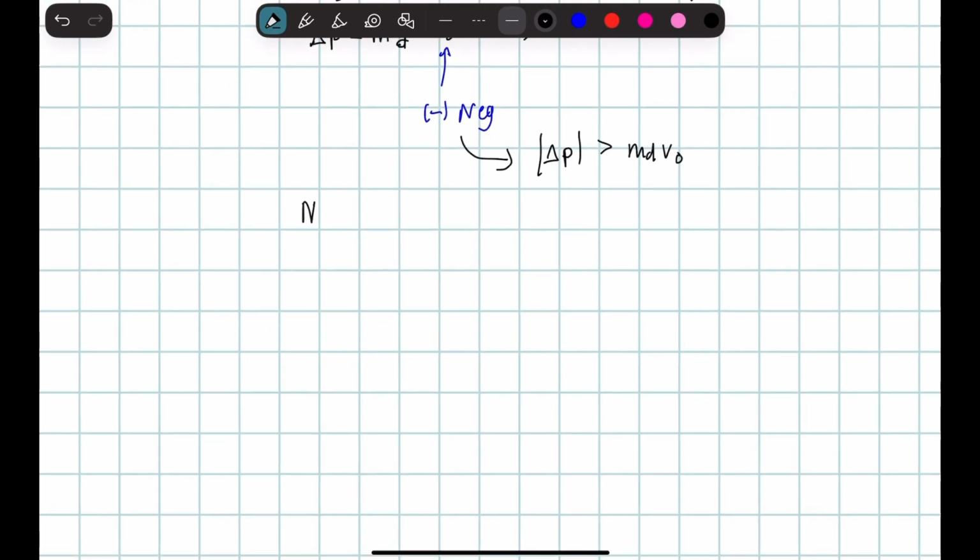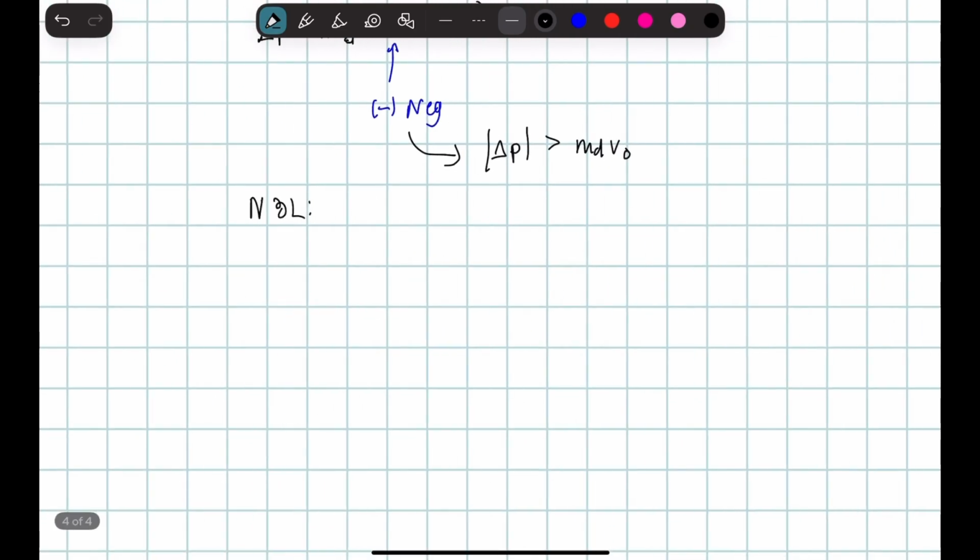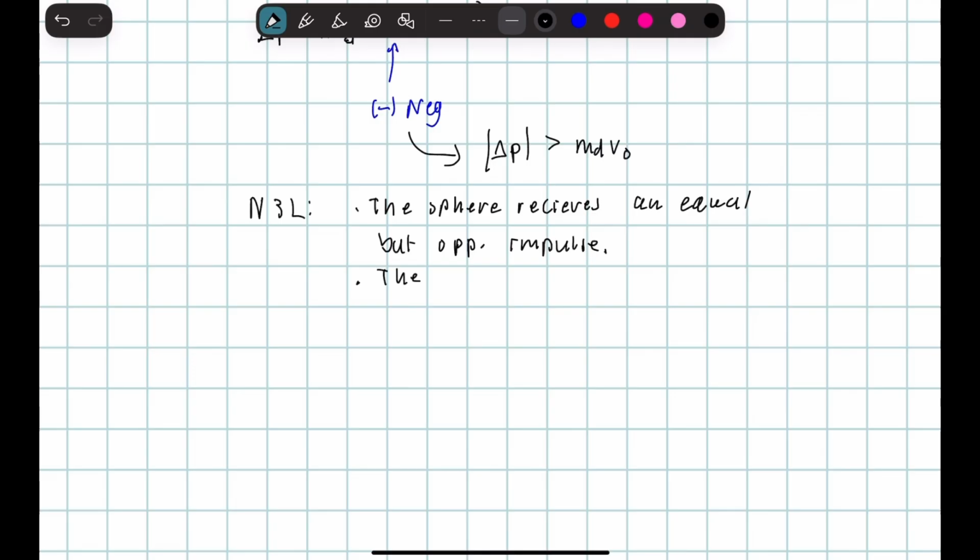So then we can use Newton's third law. The sphere receives an equal and opposite impulse, and also the sphere gains the greatest momentum.